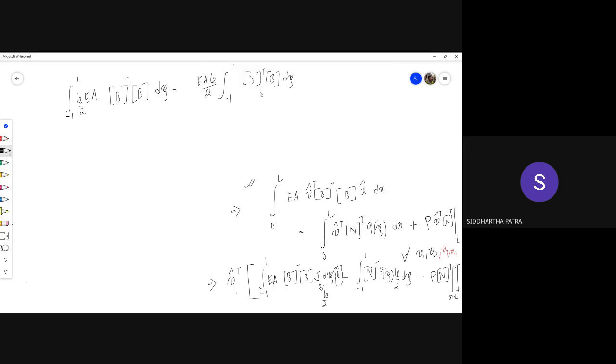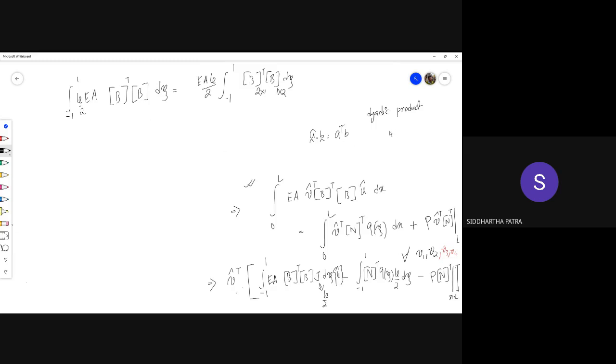So B transpose is actually 2 cross 1, and B is 1 cross 2. So when you do this multiplication, this type of product is called a dyadic product. So we learned A dot B is A transpose B, which is a dot product.